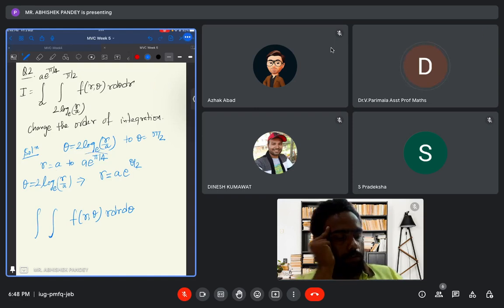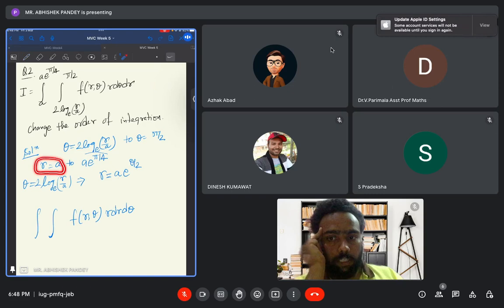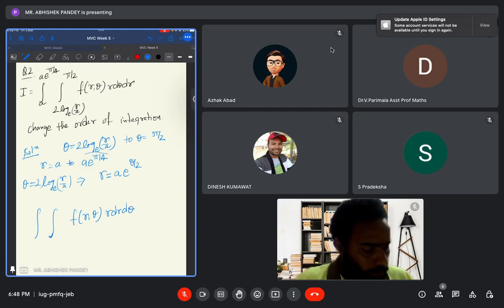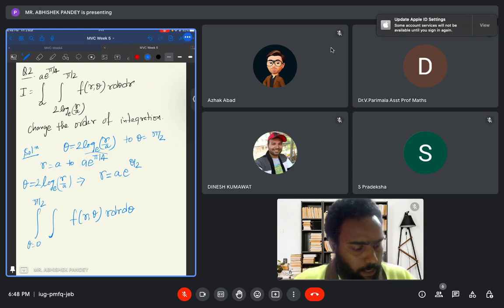So to get r equals a, theta should be 0, and to get this, theta should be pi by 2. So basically the limit of theta is 0 to pi by 2, and r is from a to a e to the power theta by 2.